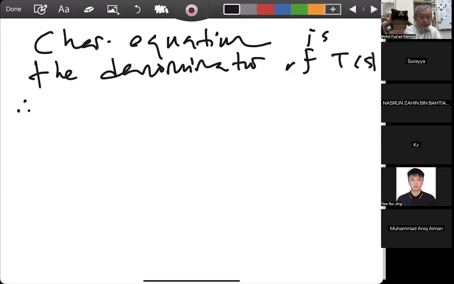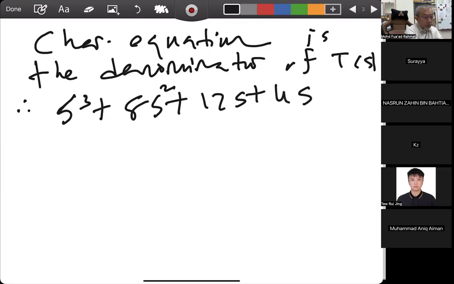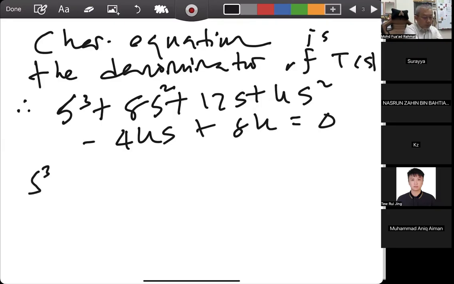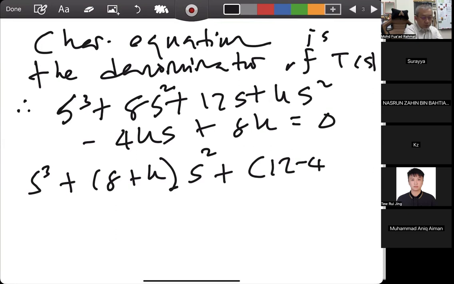So that's why s cubic plus (8 plus K)s square plus (12 minus 4K)s plus 8K equal to 0.